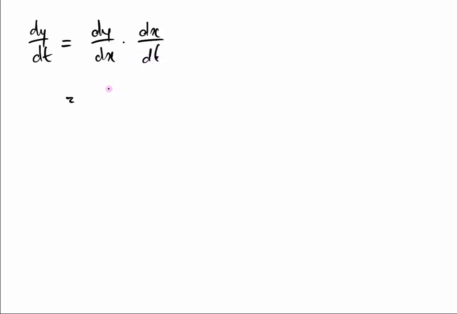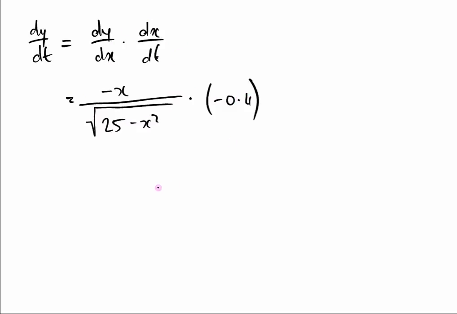So dy by dx was equal to negative x over the square root of 25 minus x squared, and dx by dt was negative 0.4 and was constant.